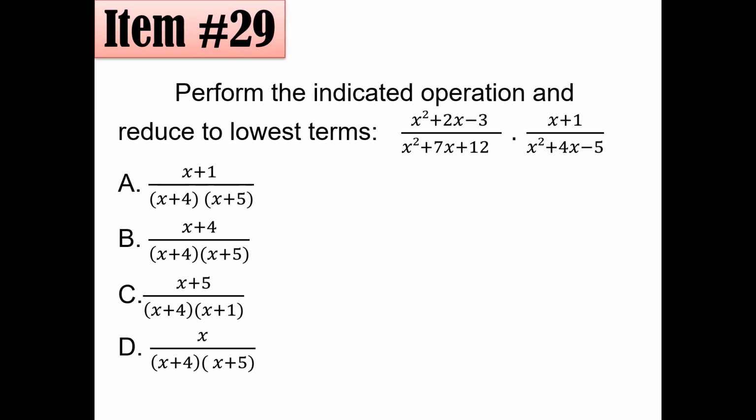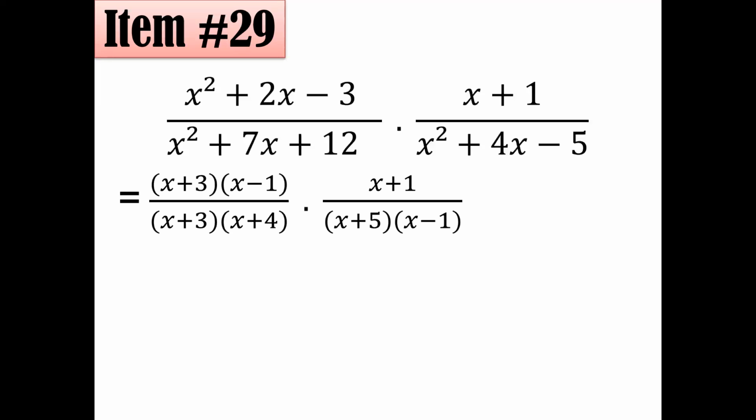Okay, letter A daw. Are we convinced with letter A? We'll see about it. So from here, this is already multiplication of two rational functions. The numerator of the first fraction could be factored as x plus 3 times x minus 1.